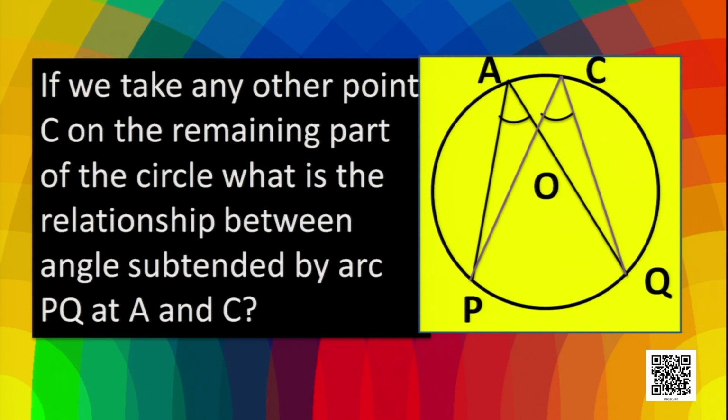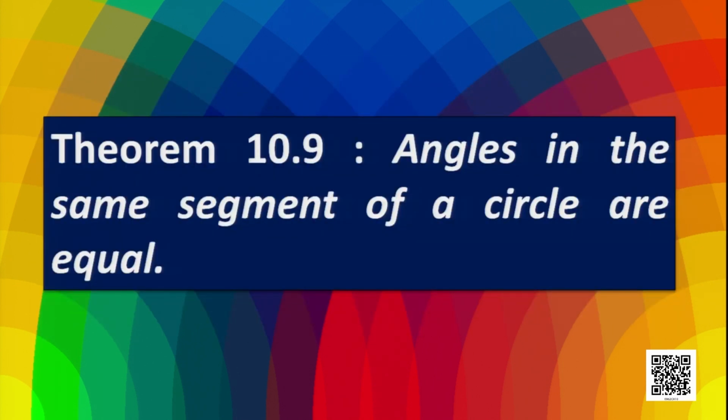This relationship is stated by another theorem. The theorem states that angles in the same segment of a circle are equal. Now, how to prove this?